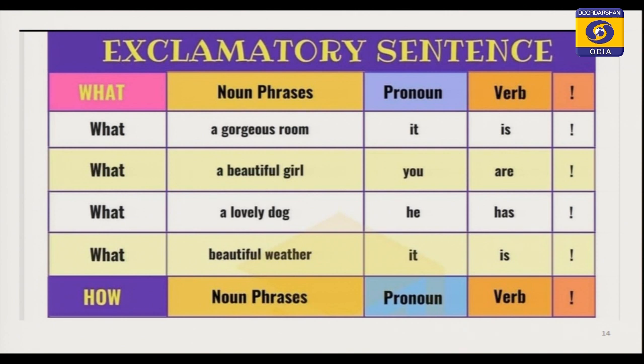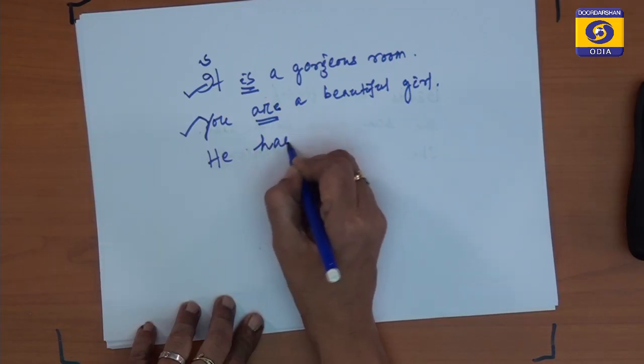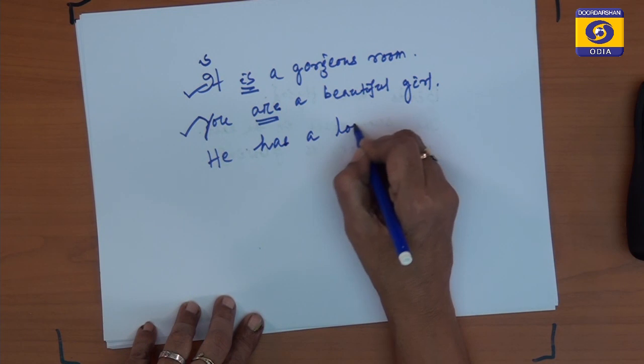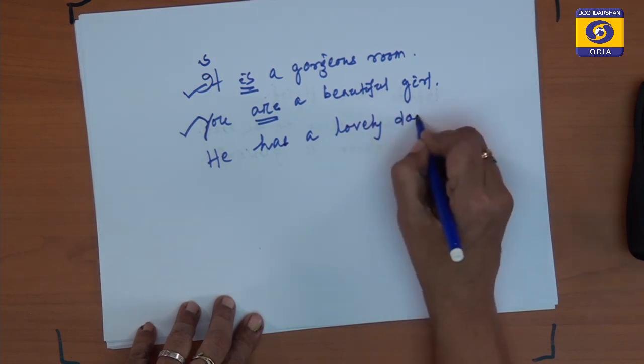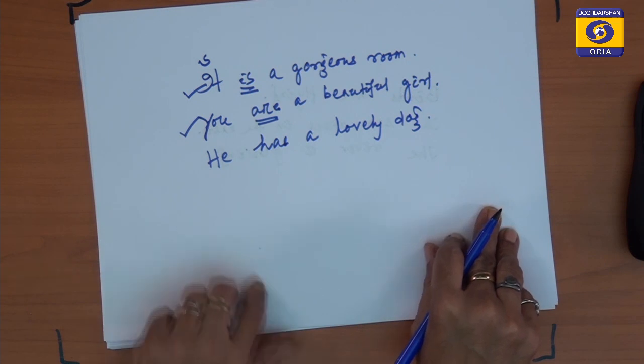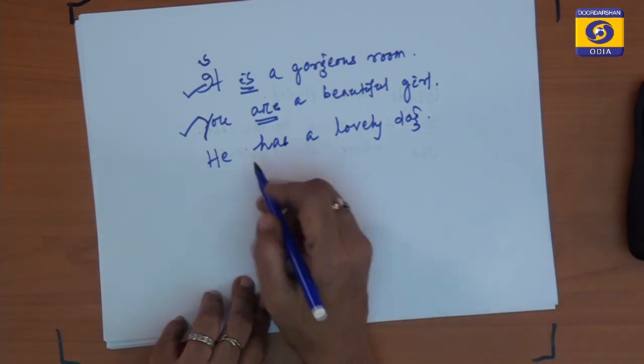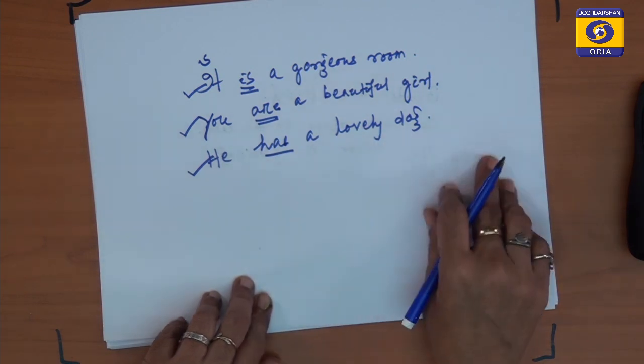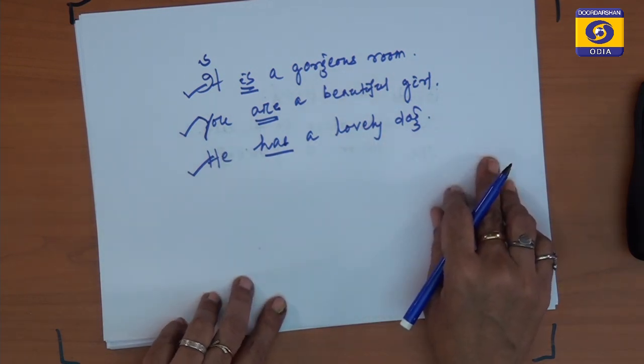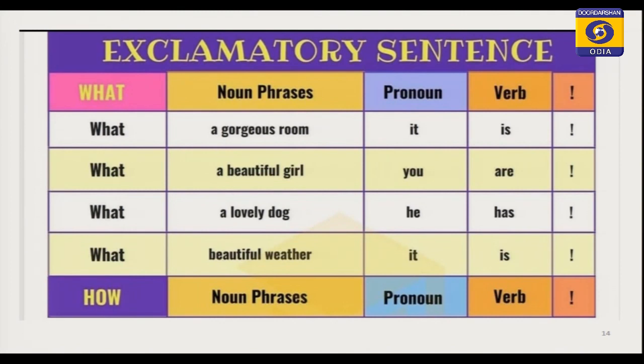Next sentence: What a lovely dog he has. Make it a statement: He has a lovely dog. So in this statement, has is the verb and he is the subject. The predicate is has a lovely dog, which has been split in this exclamatory sentence.